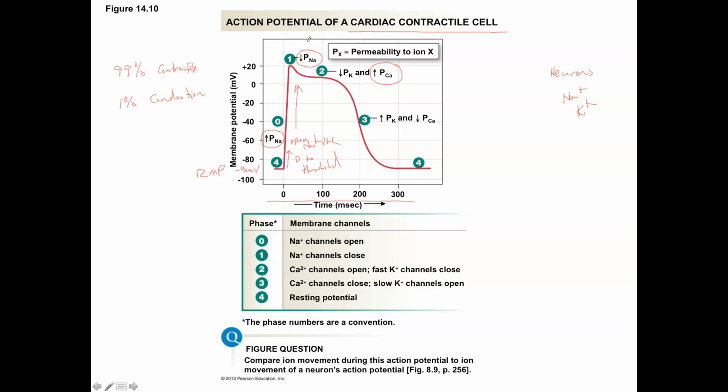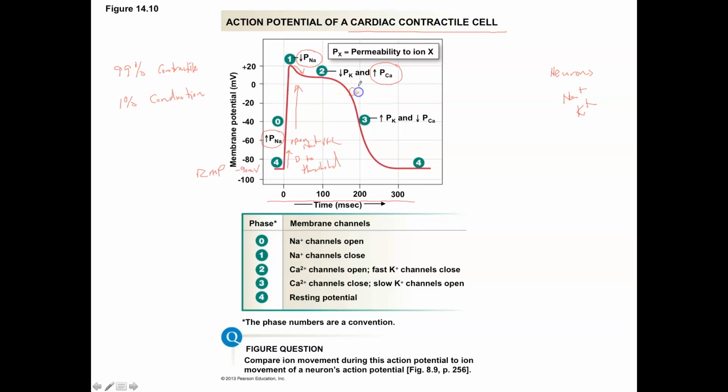There is some potassium that is going to enter into the cardiac contractile cells. That's going to start a slight repolarization event, but that's actually going to be counteracted by a change in calcium permeability. As the cell begins to repolarize, you're going to see calcium voltage gated channels open.